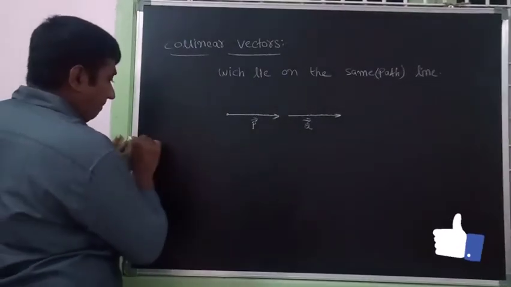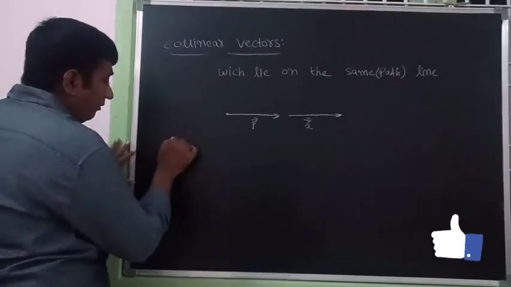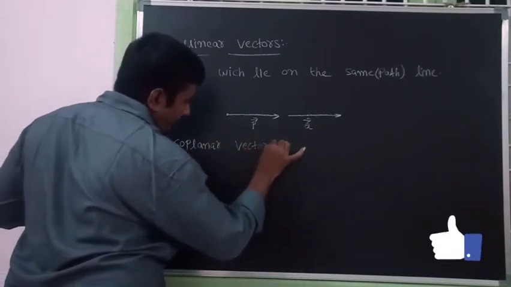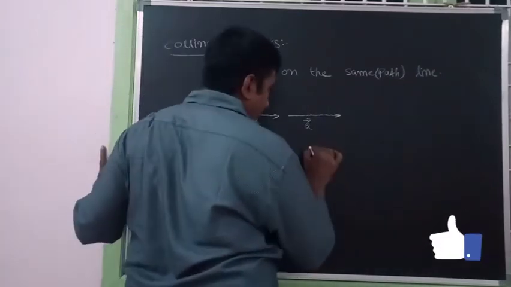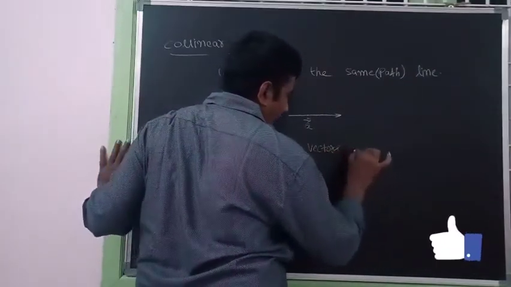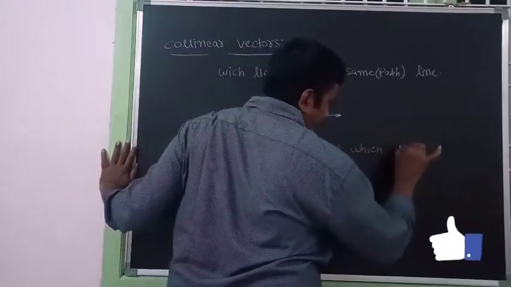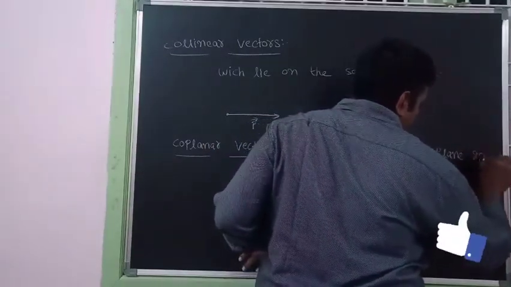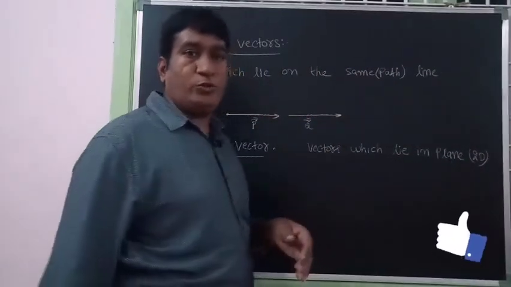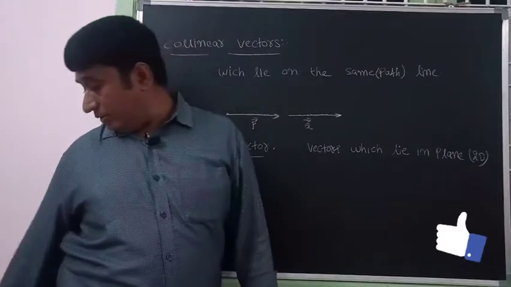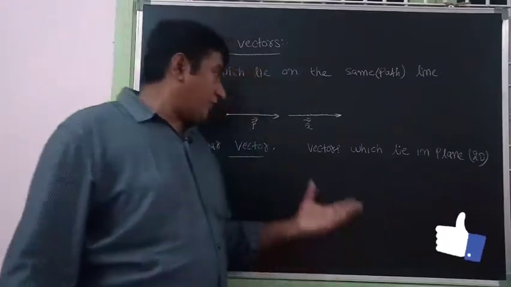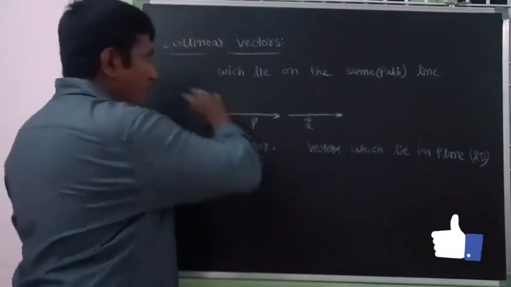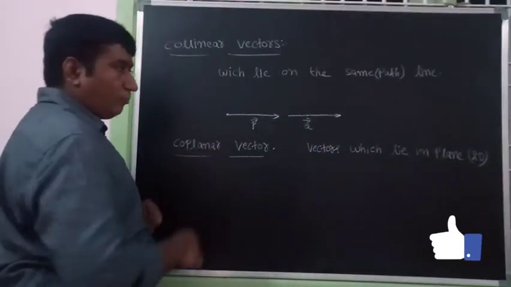So the next one is coplanar vectors. Vectors which lie in a plane, which I can take here as 2D, two-dimensional. For example, if this is one vector and this is one more vector, I am considering the blackboard as my plane.